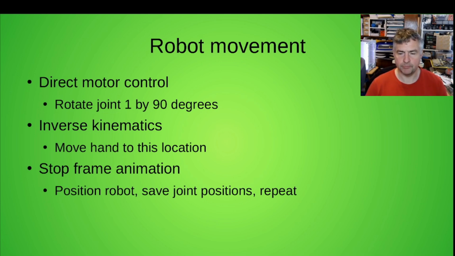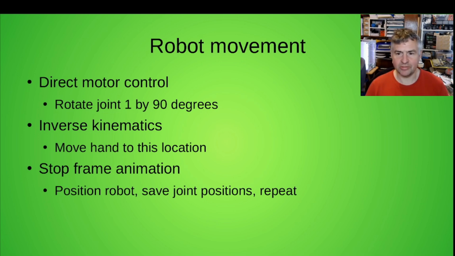And then finally, there's stop frame animation, and this is where you want the robot to have a series of gestures or movements that may be more aesthetic than practical. So you want it to do a dance, you want it to wave hello, you want it to salute, and maybe you want the robot to look natural, not to look robotic, or pleasing in some way.